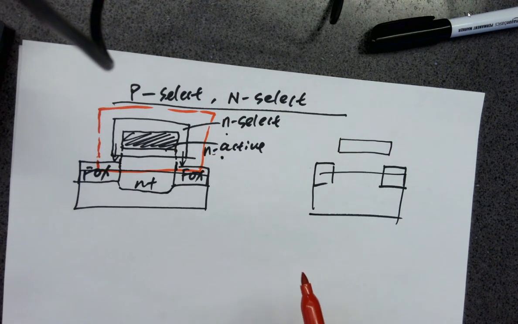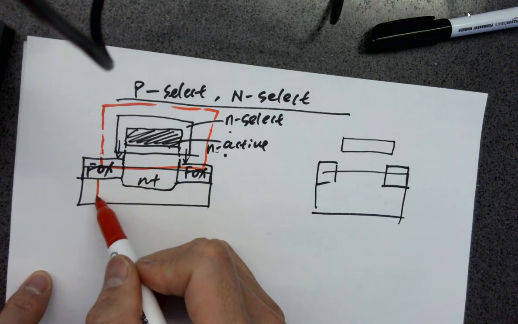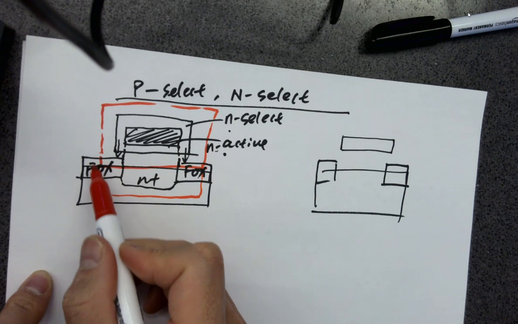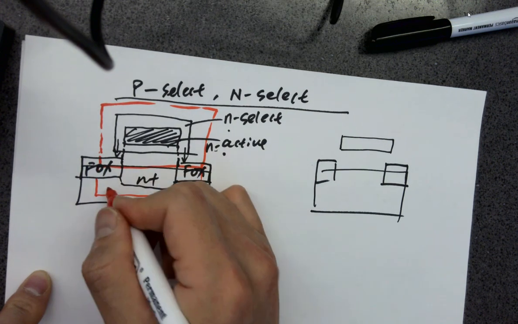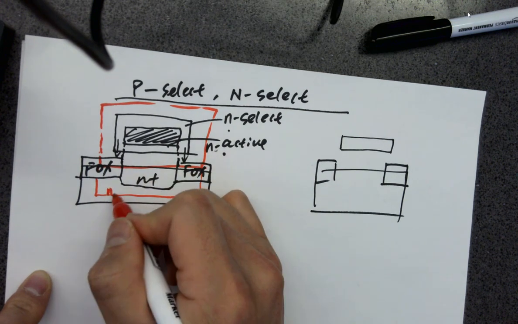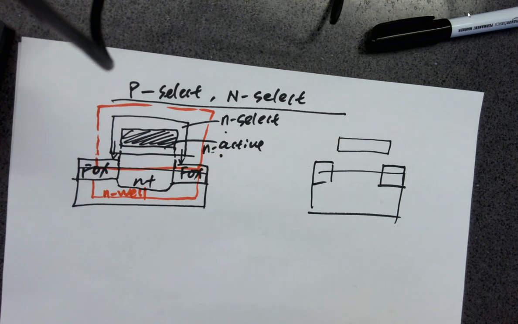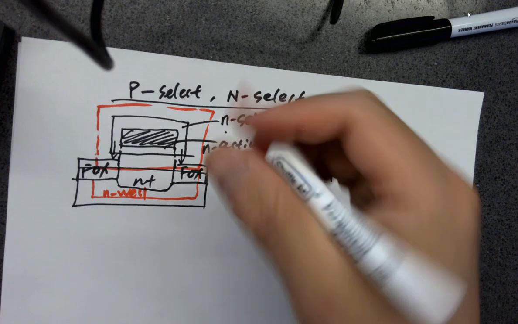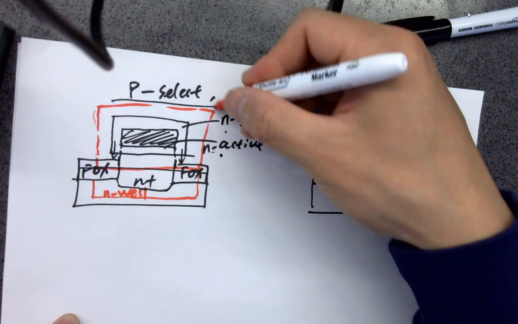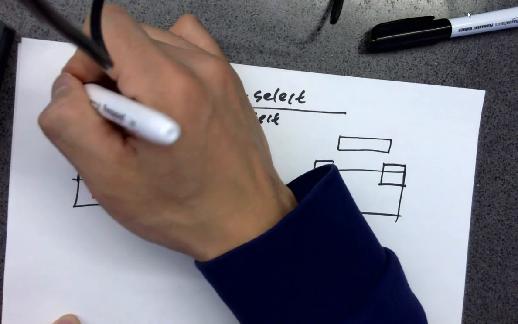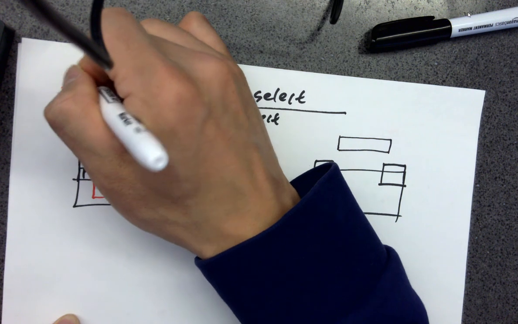So that one deposits the N-well here before you have a field oxide on it. Okay. But sometimes if you see a bigger box around that N-select, you just need to know that this is probably an N-well. Okay, N-well.